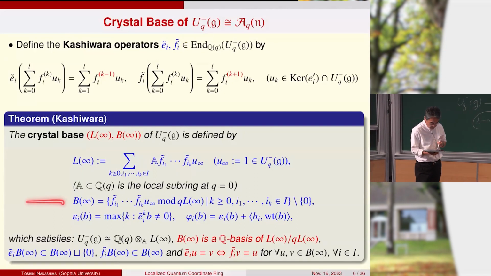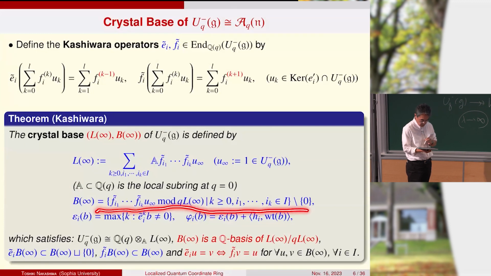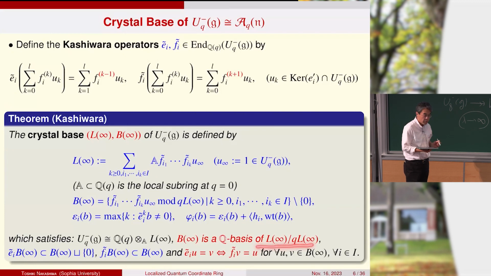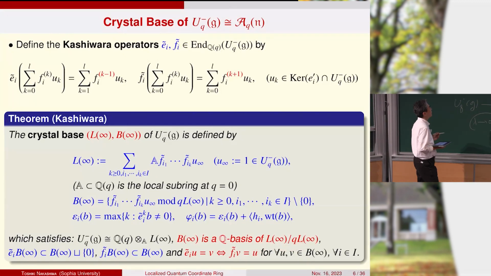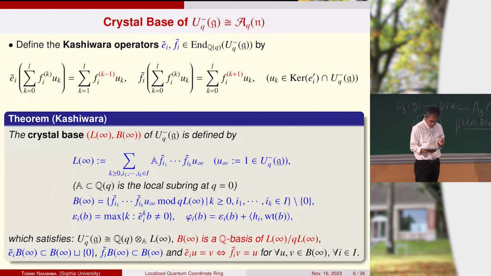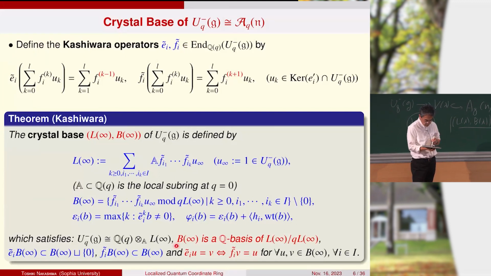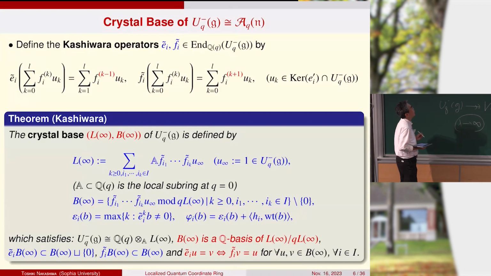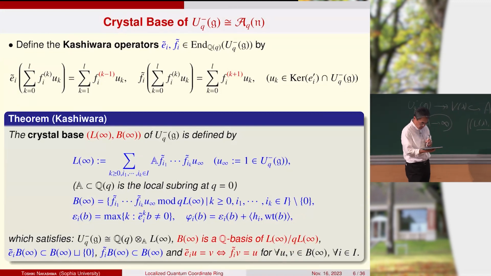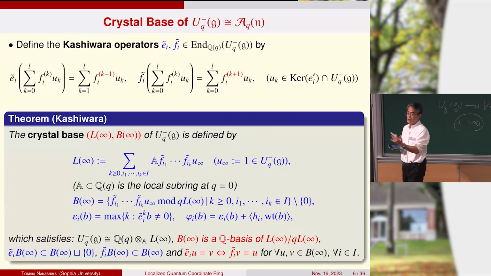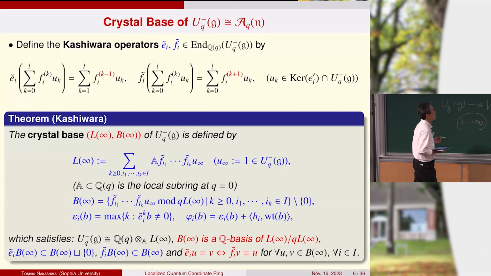B(infinity) is a set of this form, elements in here, L(infinity) over qL(infinity). Then Kashiwara showed, and this is important, that B(infinity) is a basis of this Q vector space. This means we can see this when q goes to 0, so we call it a crystal base.